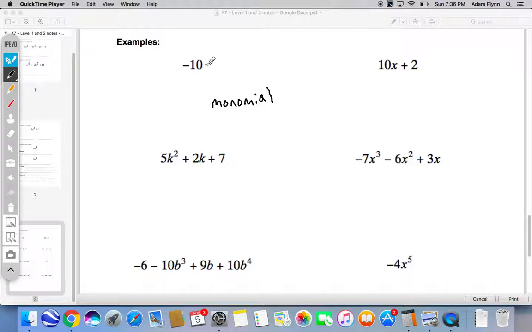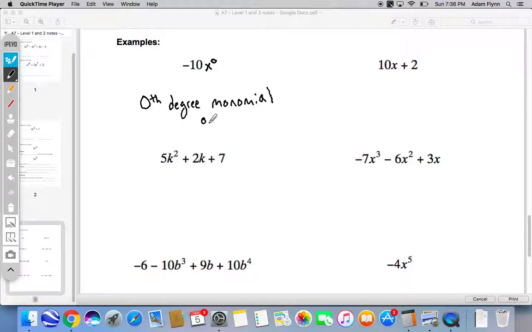But could we do this? We know from A5 that x to the 0th power is 1. So we could call this a 0th degree monomial, or a monomial to the degree of 0.